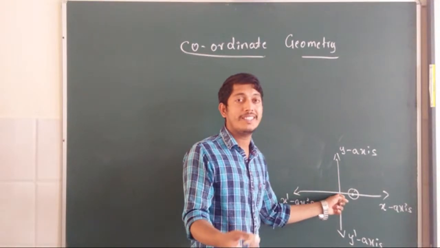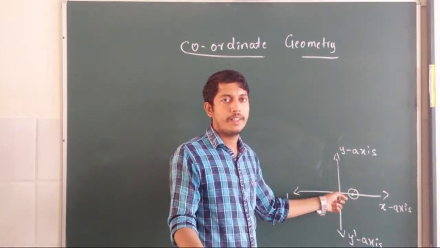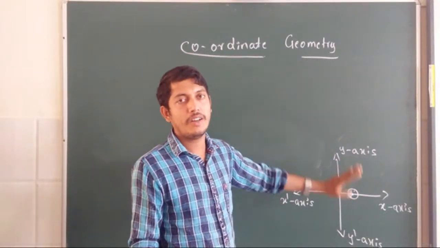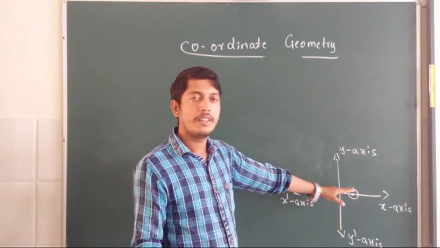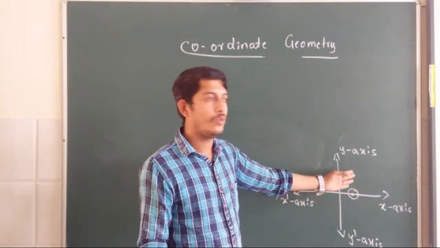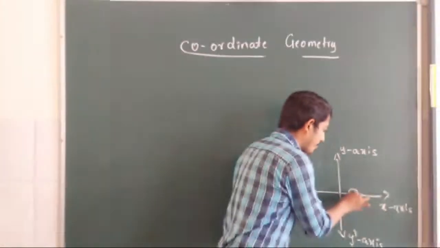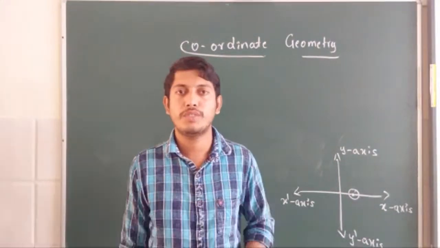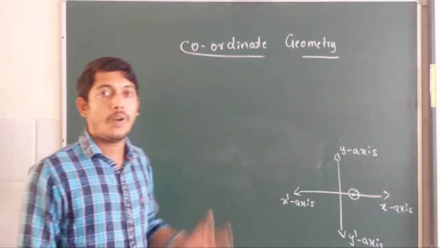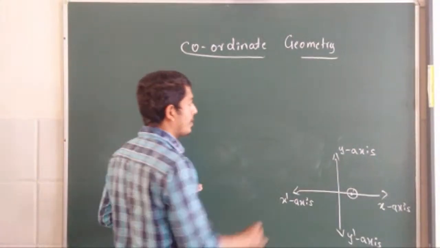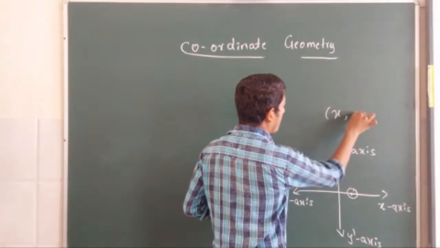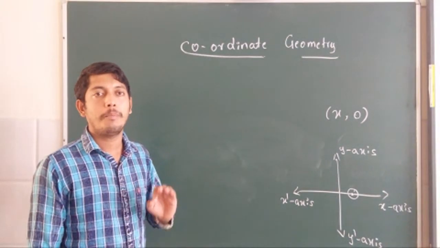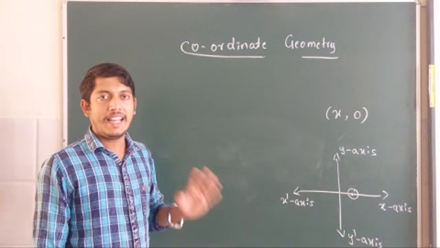That we will consider as the x-axis value, and it has to move either to the upper side or the lower side, but it will not move here because it is a fixed value. So it is present on the x-axis. If the point is present on the x-axis, then the y value is 0, and we will represent the point as x, 0.